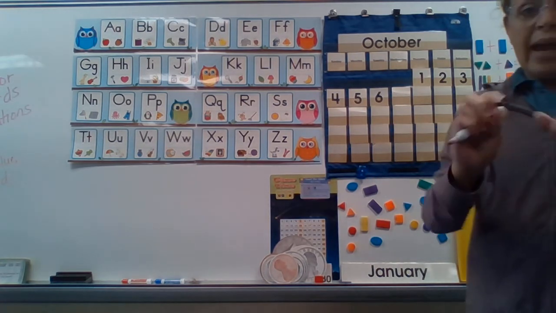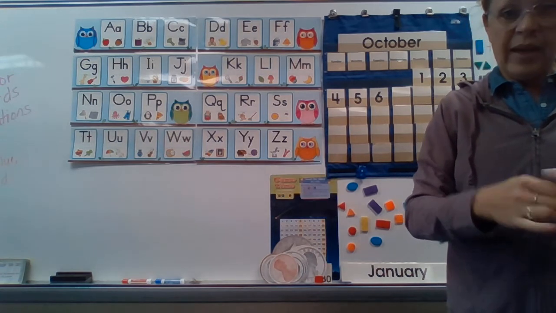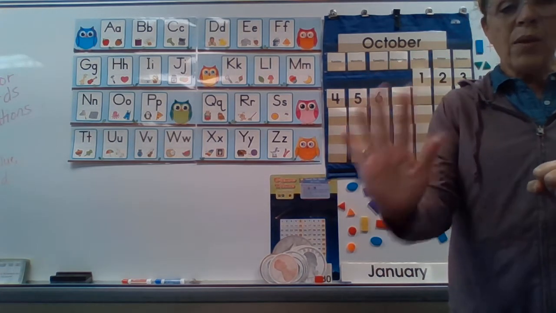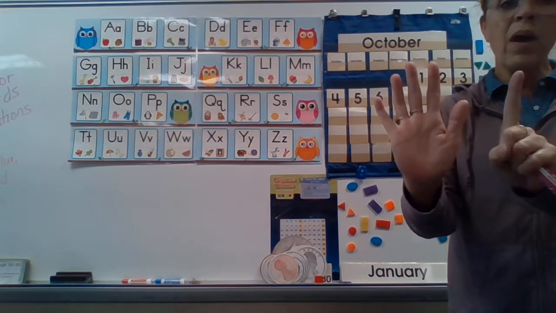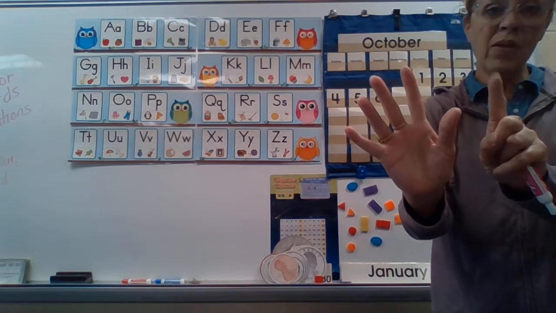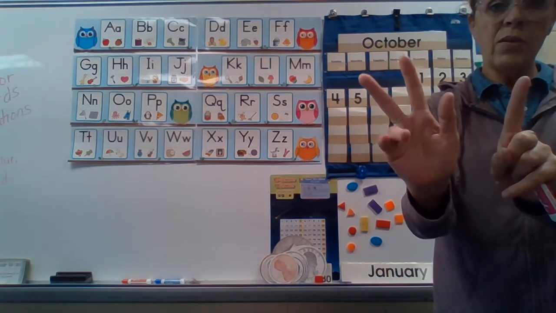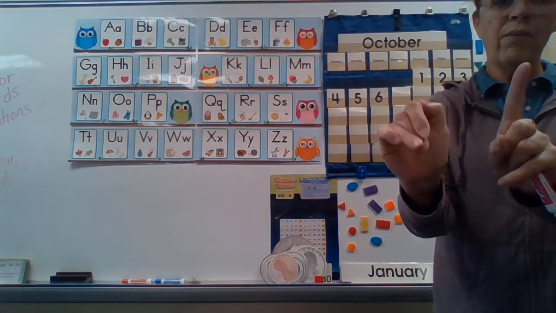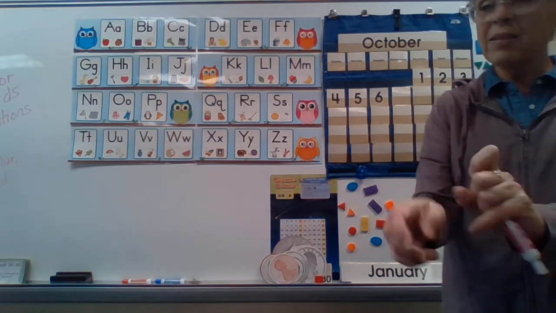Then, I had 5 apples. I had those 5 apples, and someone came along and gave me 1 more. So there's 5 plus 1. 1, 2, 3, 4, 5, 6.